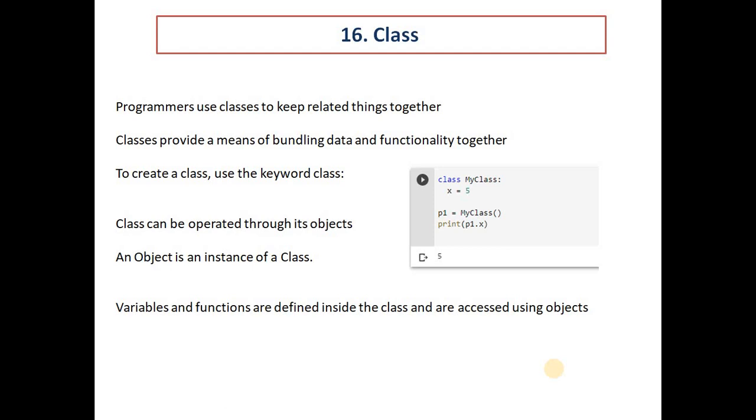For example, I had defined a function to calculate area of a circle in one place. Then in some other place I had defined a function to calculate area of a square. In some other place I had defined a function to calculate area of a rectangle. So it is happening in different places, but the functionality is the same.